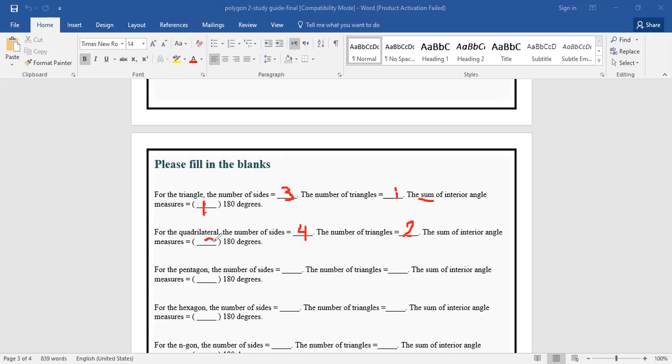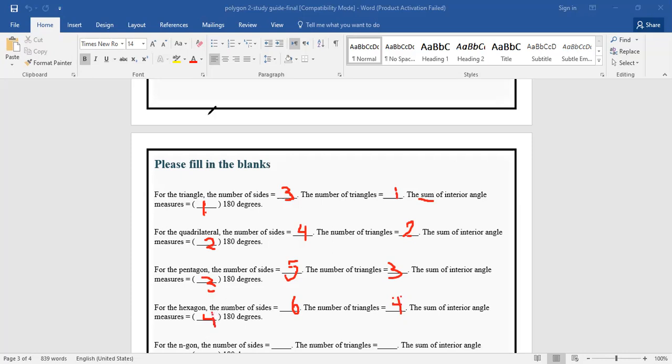In a pentagon, the number of sides is 5, the number of triangles is 3, so the sum will be 3 times 180. For a hexagon, 6 sides, 4 triangles, so the sum of interior angles will be 4 times 180.